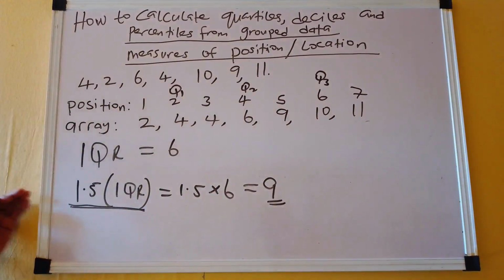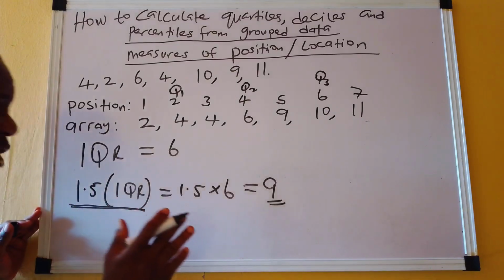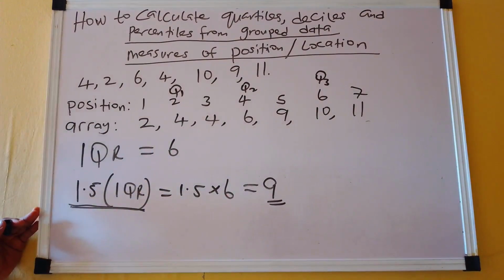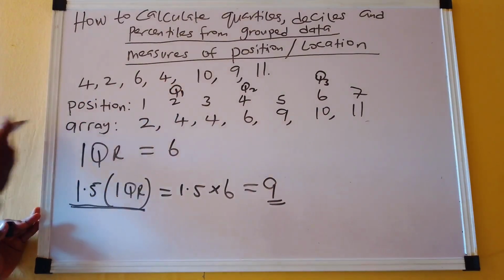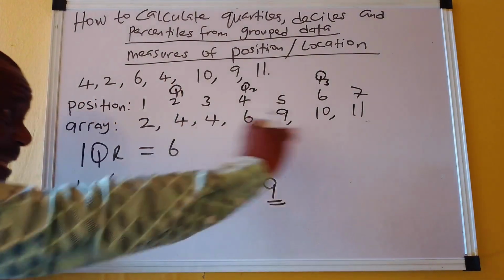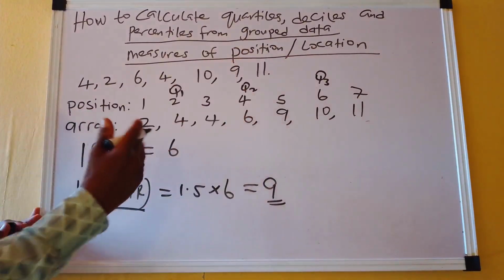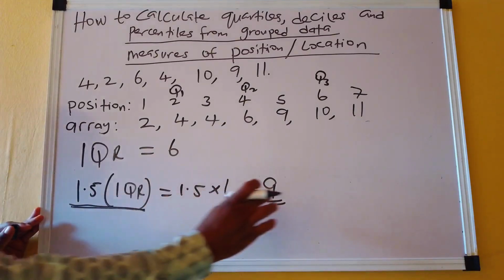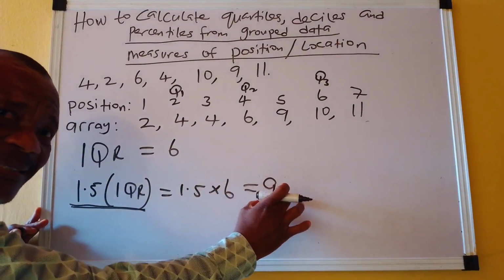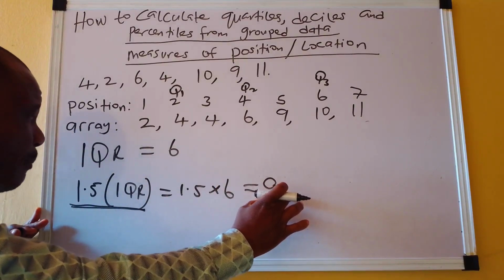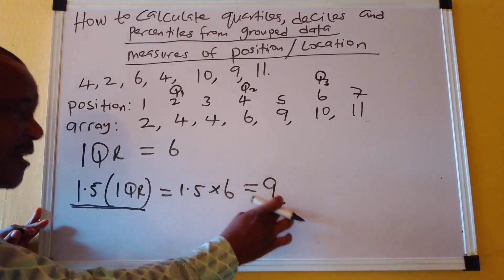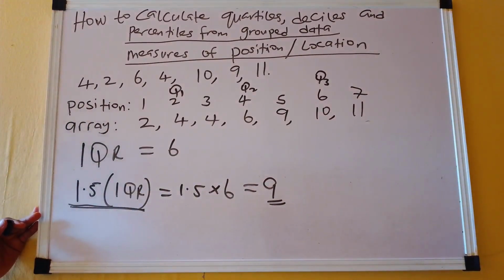Now the first thing you need to check: any value that is below the first quartile from the data set, not from the position, any value below the first quartile Q1 that is lesser than this 1.5 multiplied by the interquartile range, if that value is lesser than this value, then it is a suspected outlier.